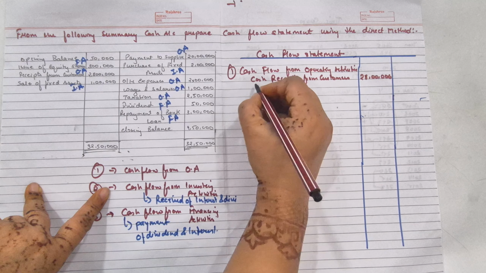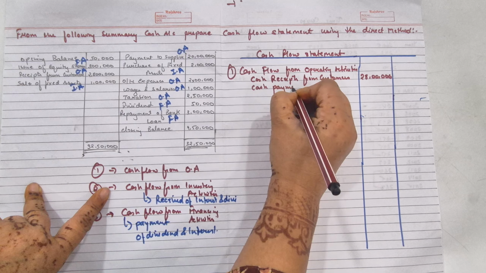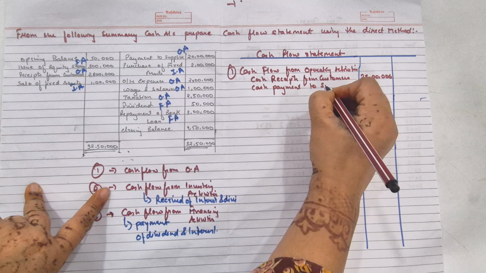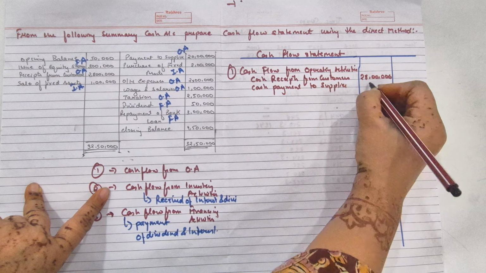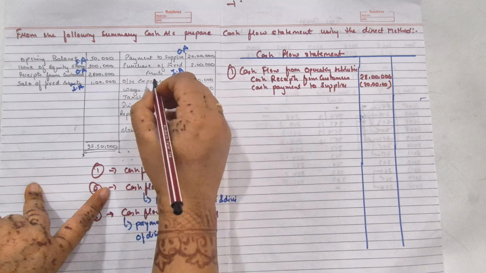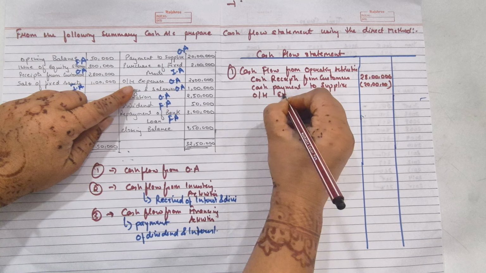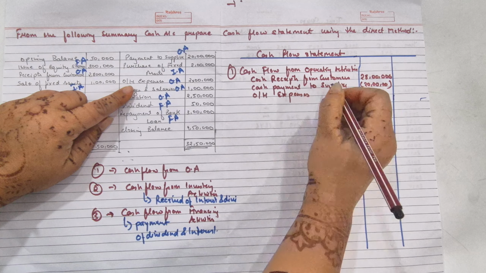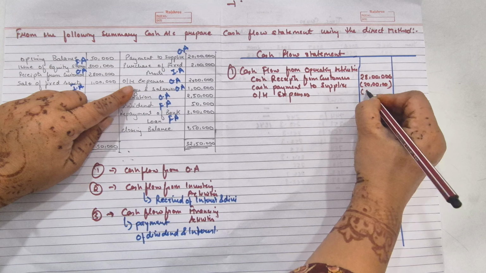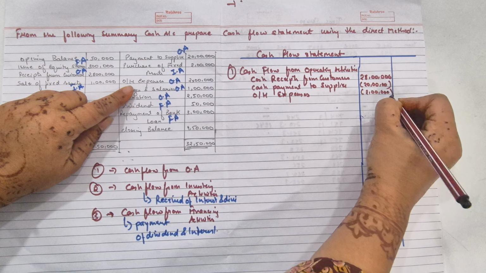Then there is cash payment to supplier, 20 lakhs. Another is overhead expenses, 2 lakhs.